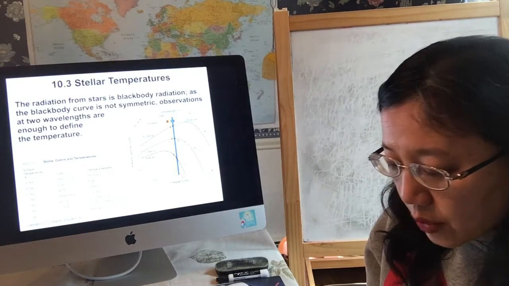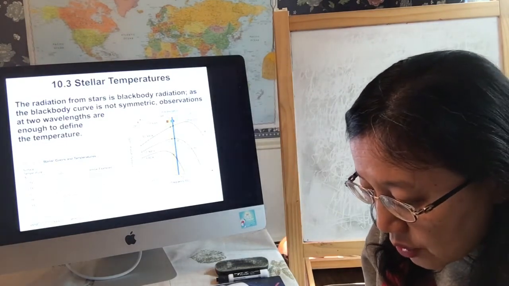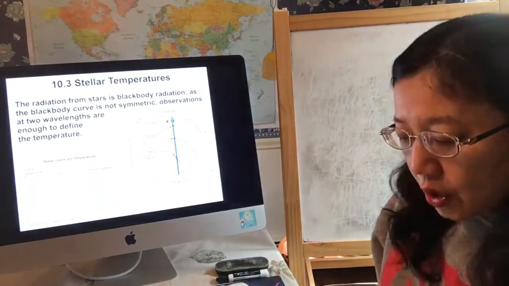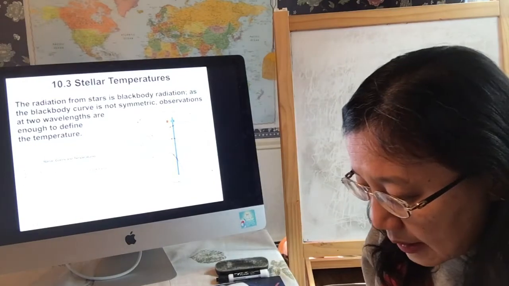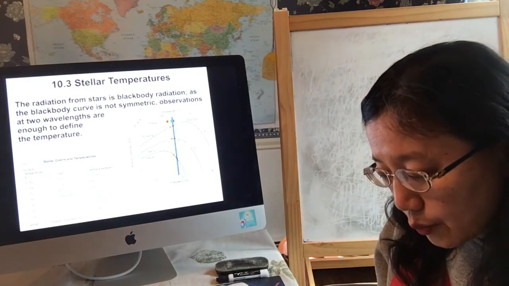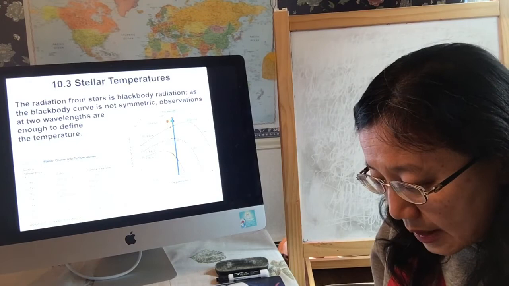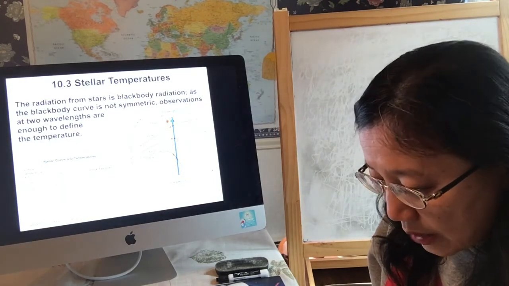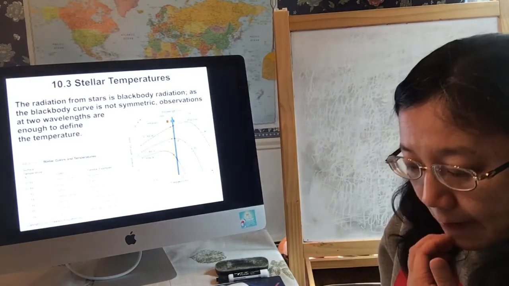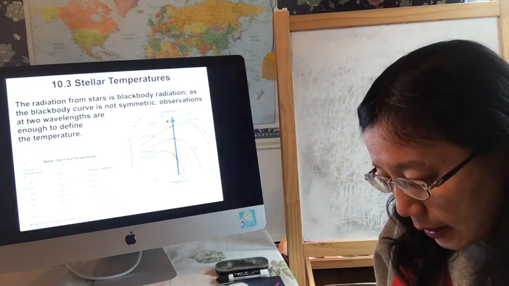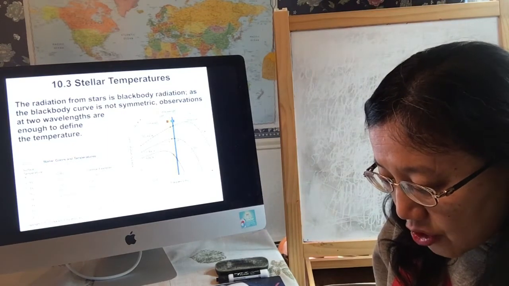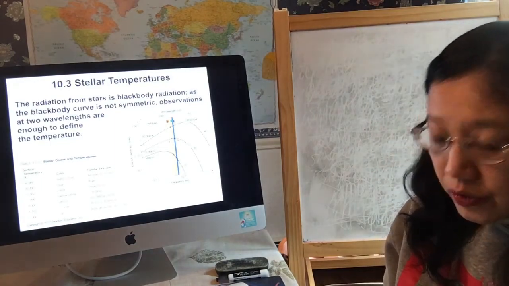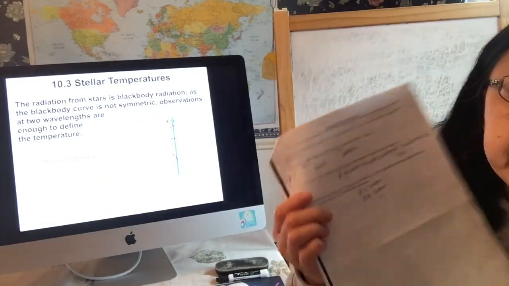So in order to answer question number 14, which star has the greater surface temperature, and 15: for 14, because A is more bluish, and we know blue light has higher frequency and shorter wavelength, the star is hotter. So A is hotter than D, but they both have the same energy output. That tells you A must be smaller and D must be larger. So that will be the answer for number 15.